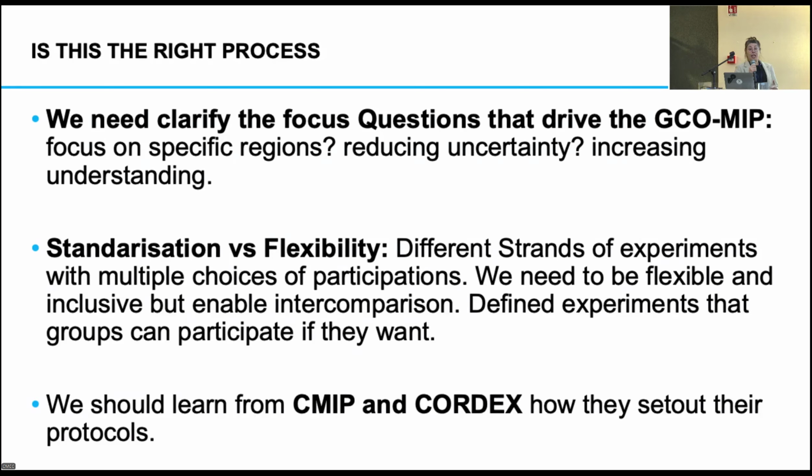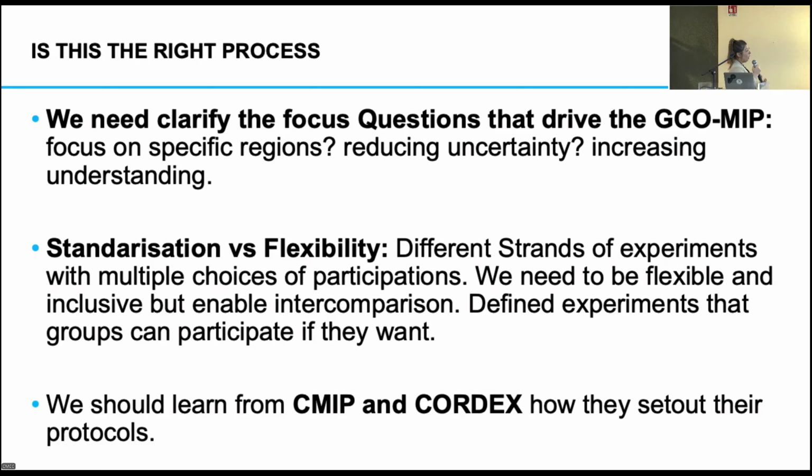Then the other discussion that had many opinions was, should we focus on standardization within this GCO MIP, or on flexibility, to enable everybody to be included? And I think one of the answers here may be to have different strands of experiments with multiple choices of participation.